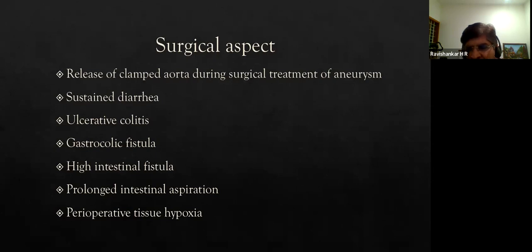And then 48, 72 hours later, you can do the definitive procedure. So these are the applied physiology and applied pathology of blood gas interpretation, especially in patients with metabolic acidosis. That is what we usually commonly encounter.